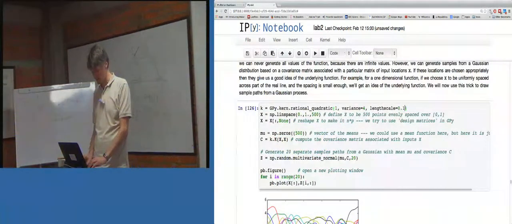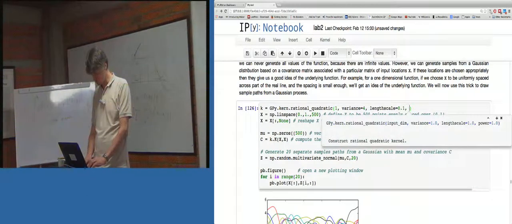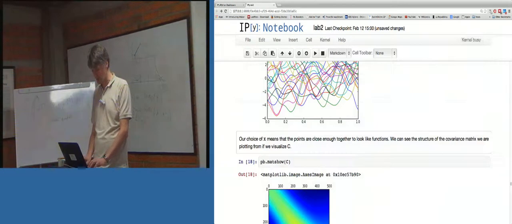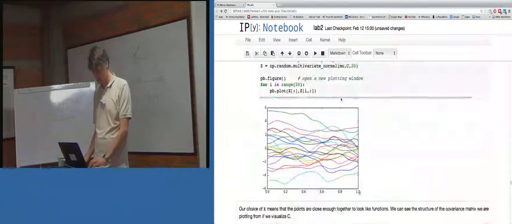Now alpha, I think, is the other parameter. I can't remember how alpha. .1. This gives a parameter of the gamma prior.